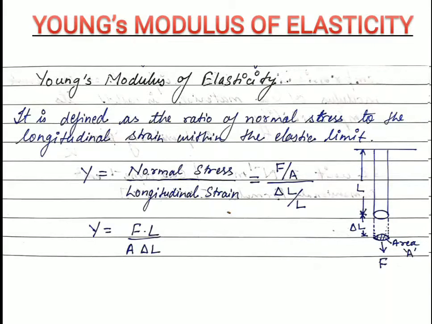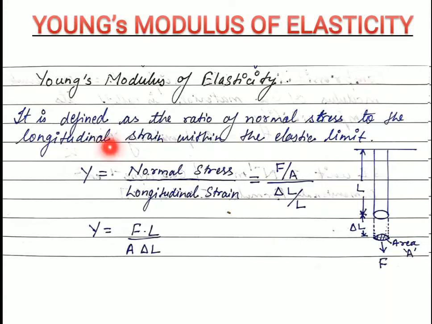Okay, so here Young's modulus of elasticity is defined as the ratio of normal stress to the longitudinal strain within the elastic limit. So normal stress acts perpendicular to the body. We have already studied about this longitudinal strain in our previous lecture.